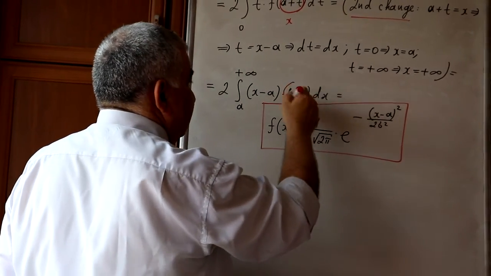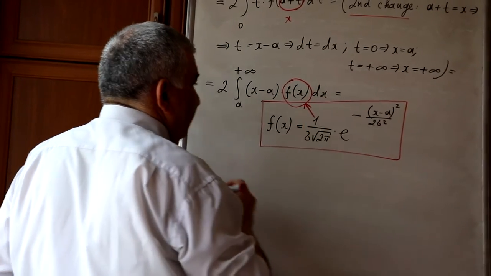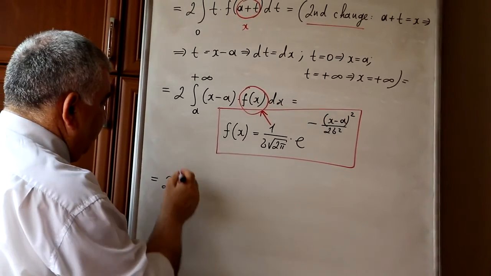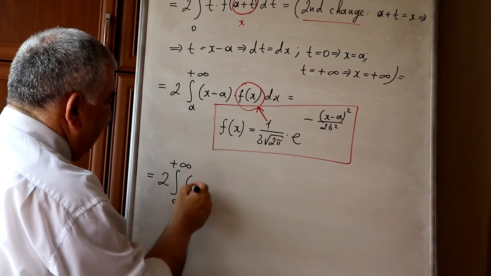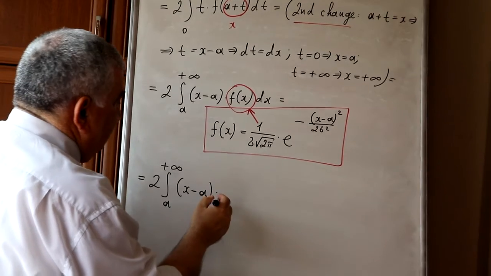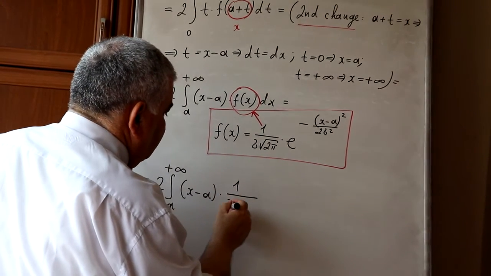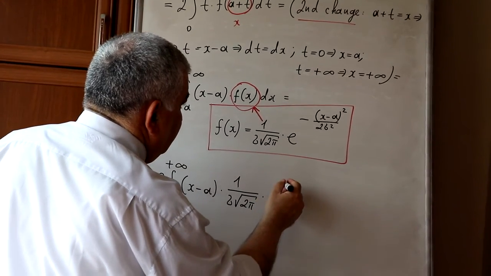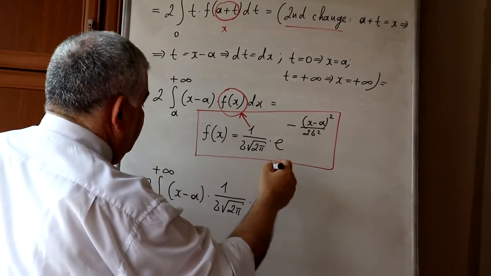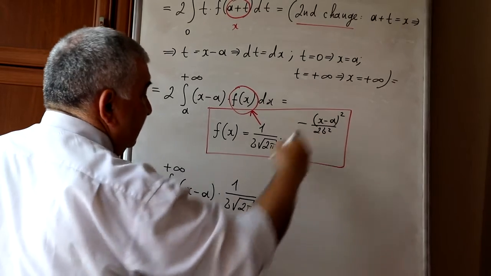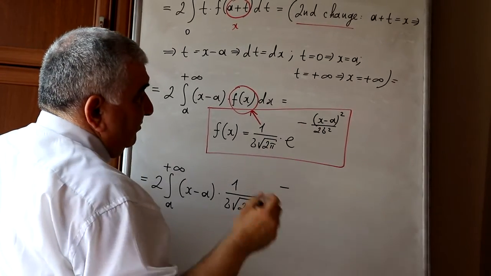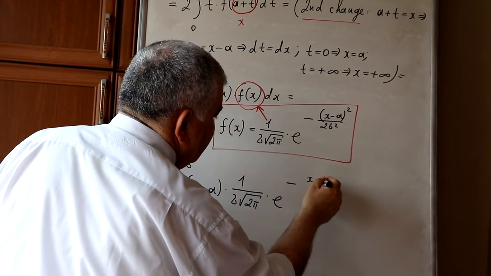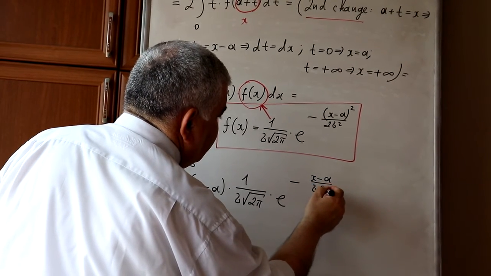Substitute this expression. Equals twice integral from a to plus infinity of x minus a multiplied by 1 over sigma square root of 2 pi multiplied by e to minus, we can rewrite this exponent as minus x minus a over sigma square root of 2, squared.